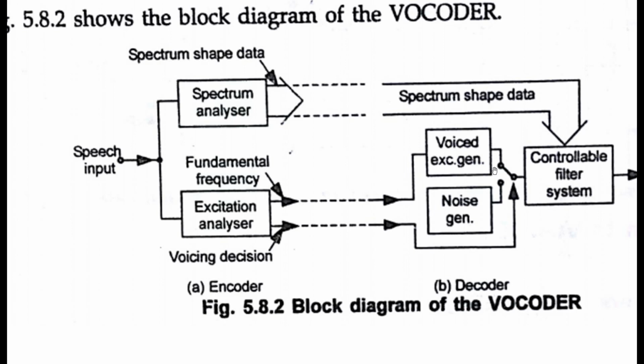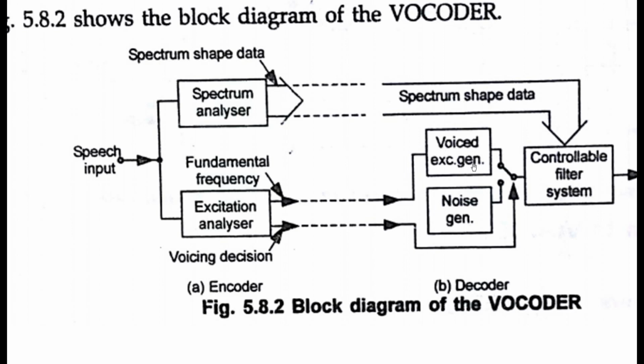At the decoder end, the information provided by the fundamental frequency and voicing decision is used to generate an artificial sound, wherein a noise generator is another component used along with the voiced excitation generation.